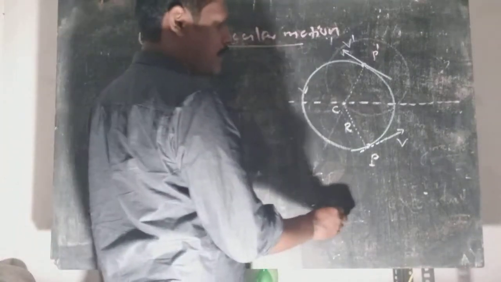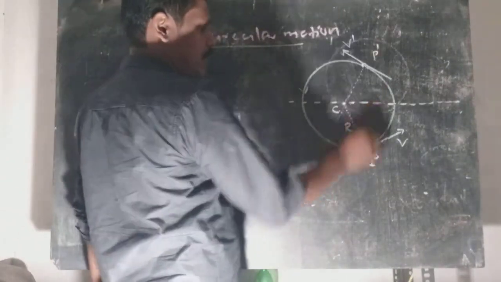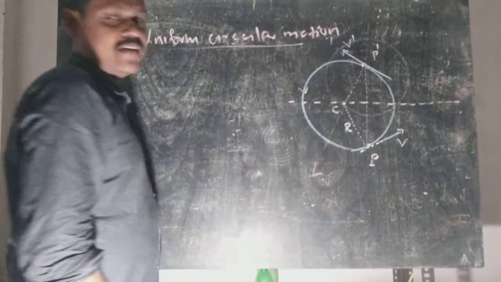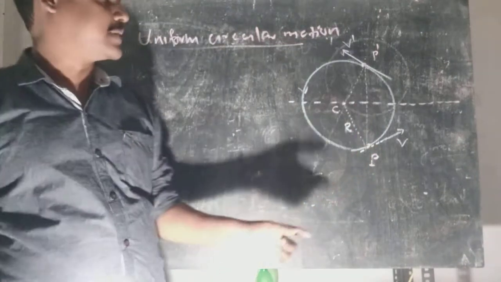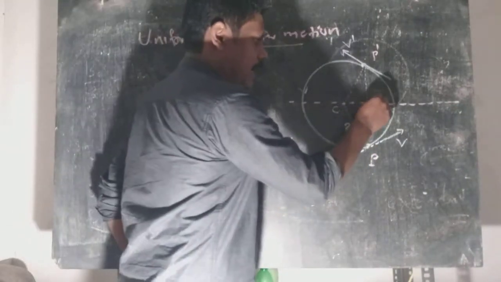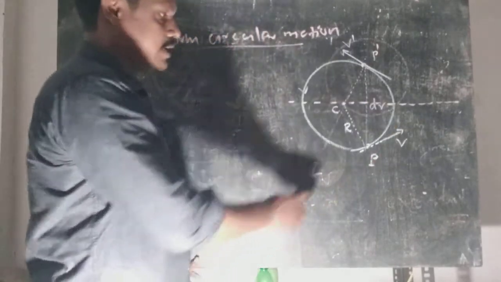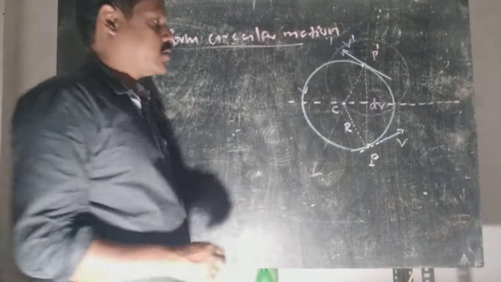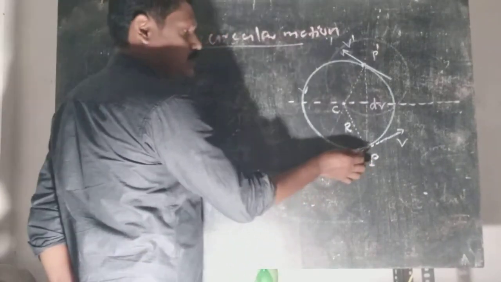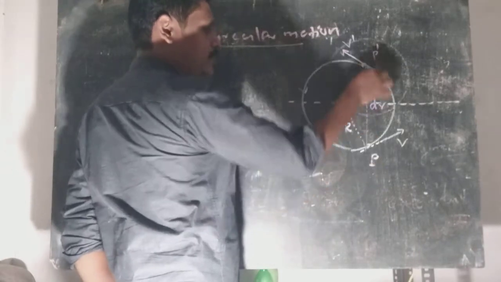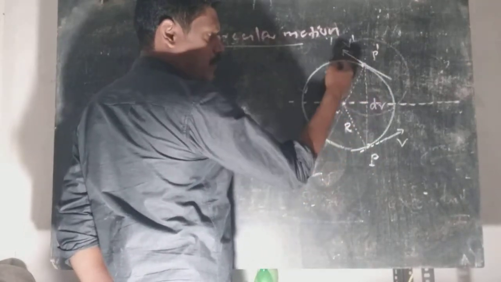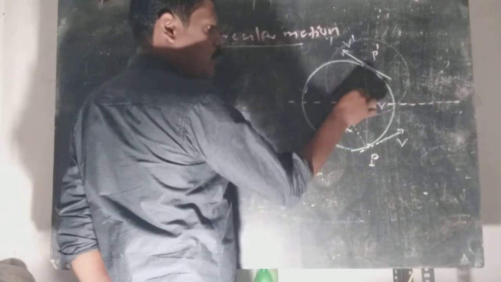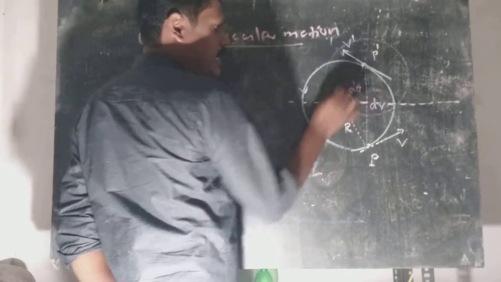We can see that the displacement from P to P dash is this much, and it is represented as dr. Here the point is changing from P to P dash, so the radius sweeps a circular path, and in the interval from P to P dash there is a small angular displacement, which we call d theta.